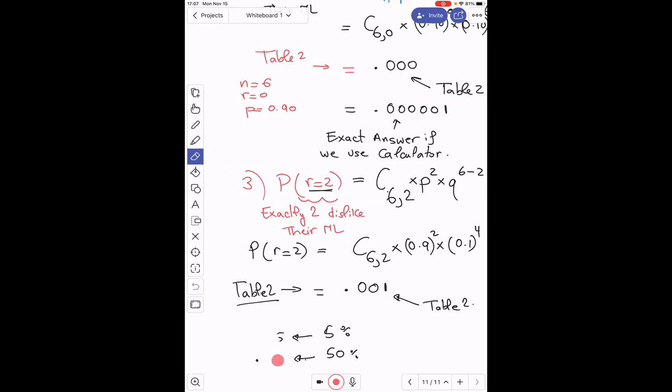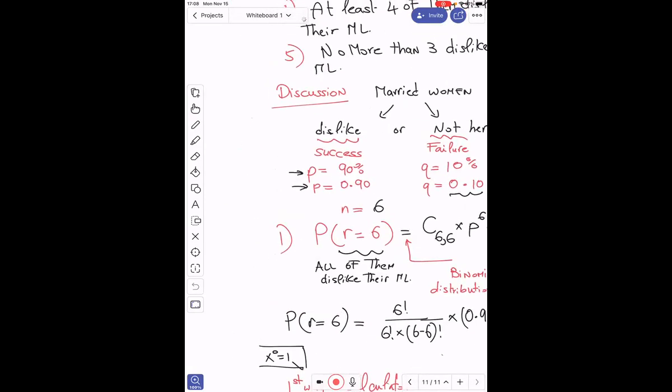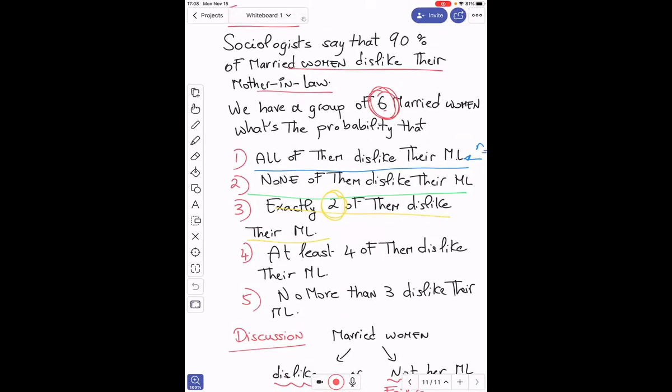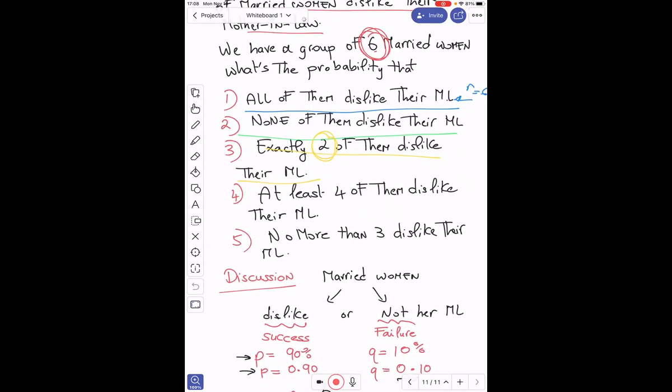Okay, so I guess we have only 8 minutes, right? So for number 4, N again is going to be 6, P is going to be 90%, 0.90.